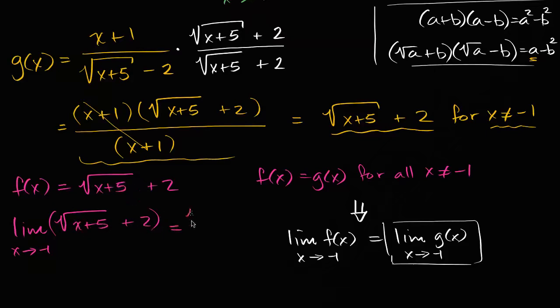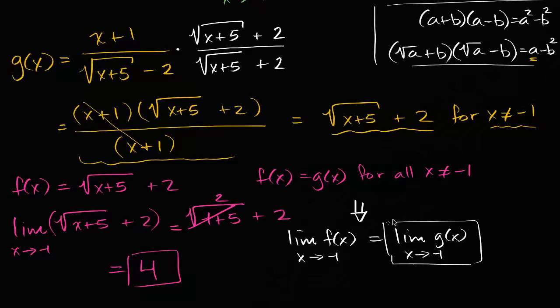So this is going to be the square root of negative 1 plus 5 plus 2. So this is 4, square root, principal root of 4 is 2. 2 plus 2 is equal to 4. So since the limit of f of x as x approaches negative 1 is 4, the limit of g of x as x approaches negative 1 is also 4.